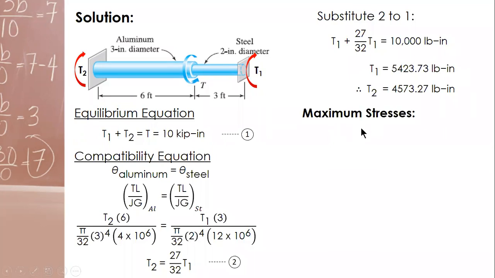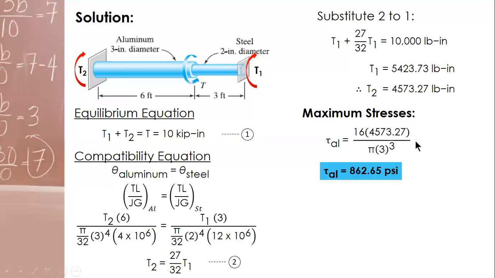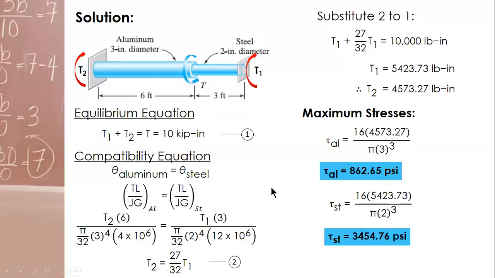We can now solve for the maximum stresses. Direct substitution na lang tayo. So, torque ra ang problema niyo. For aluminum, and then steel also. So, kung maka-encounter ka problem, focus on the connection. And if it's rigidly fastened, then equal ang angle of twist there.